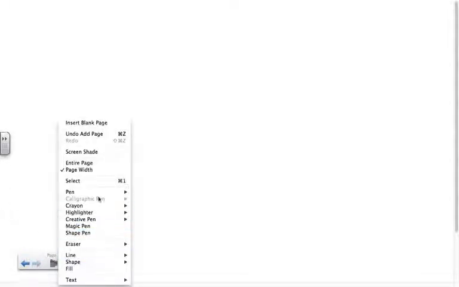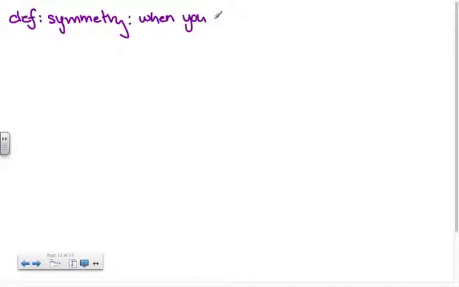The definition of symmetry I like to use: when you have the same thing via a line, via a line.